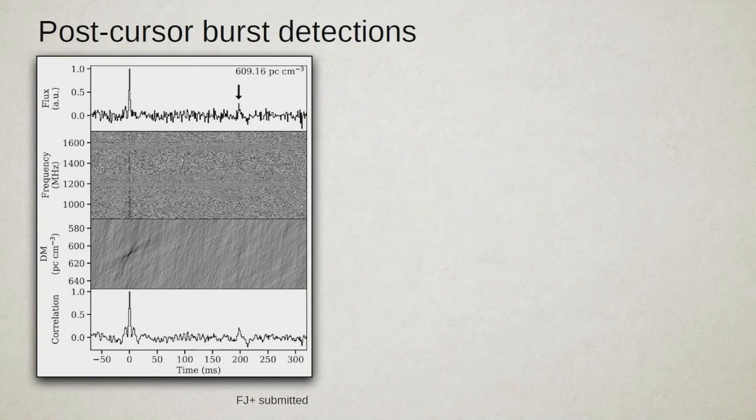The next thing that I want to talk about quickly is something quite interesting, I think. In some of the FRBs, we have detected post-cursor bursts, and this is what I show you here. You can see there is a post-cursor burst at similar DM approximately 200 milliseconds after the primary burst.